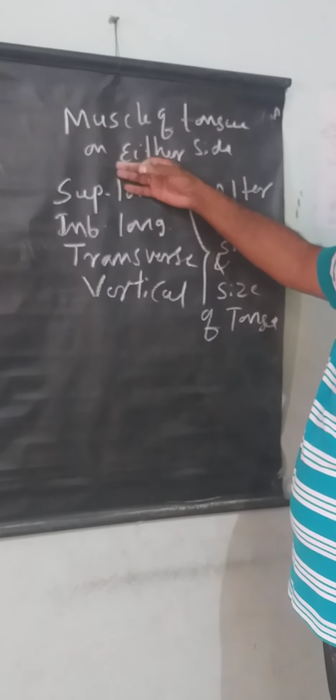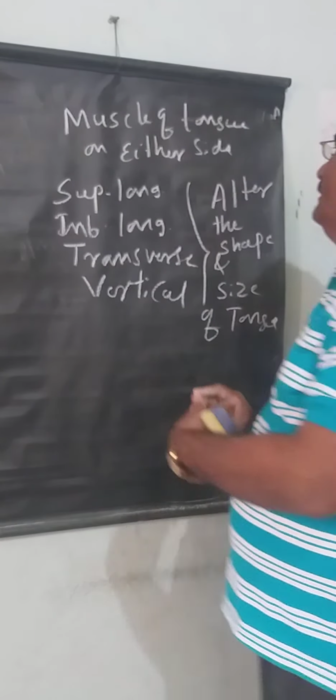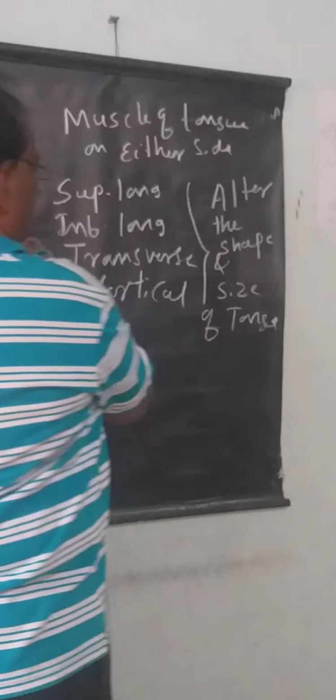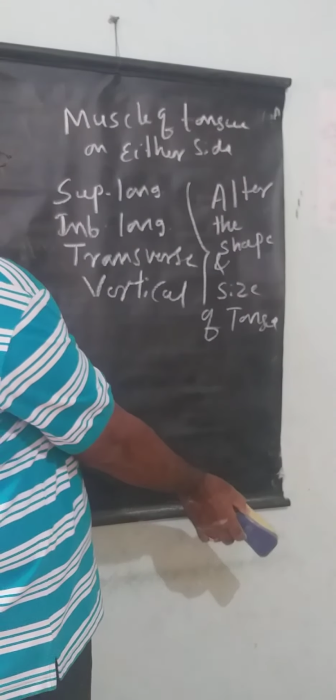They are the intrinsic muscles. Intrinsic means present inside the tongue. Superior longitudinal, inferior longitudinal, transverse and vertical. I will show you later diagrammatically.